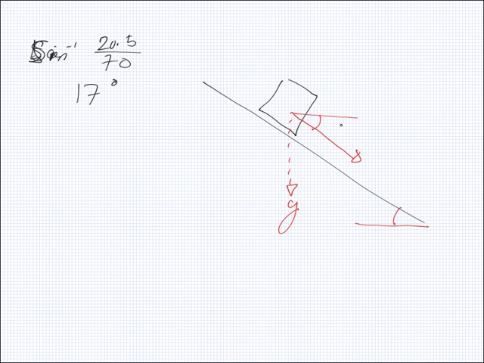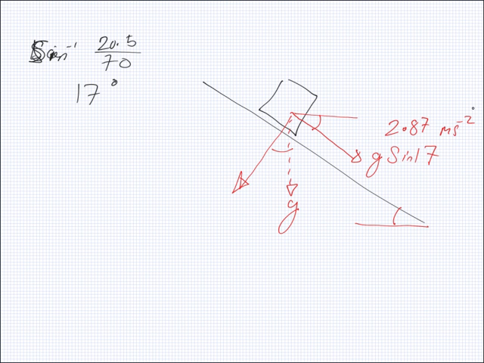I screwed up my picture here. That's 17, which means this is 17, which makes this one cos, so this one is g sine 17. Trust me on it. It looks a bit weird, but trust me on it. What is g sine 17? 2.87 meters per second squared.